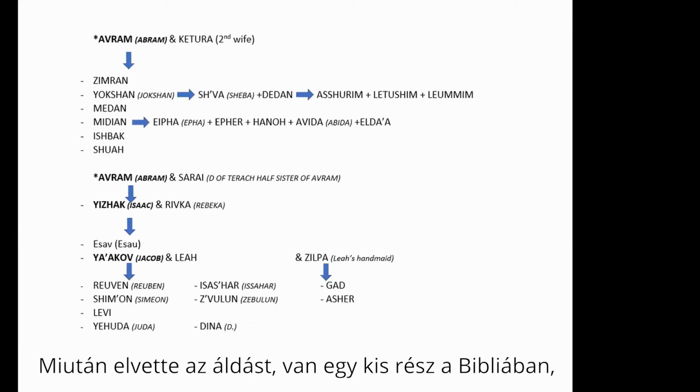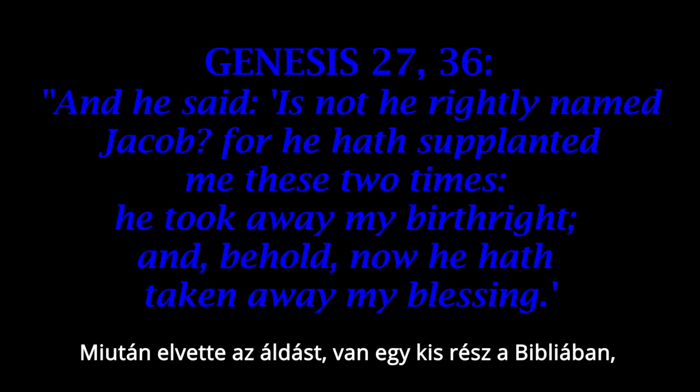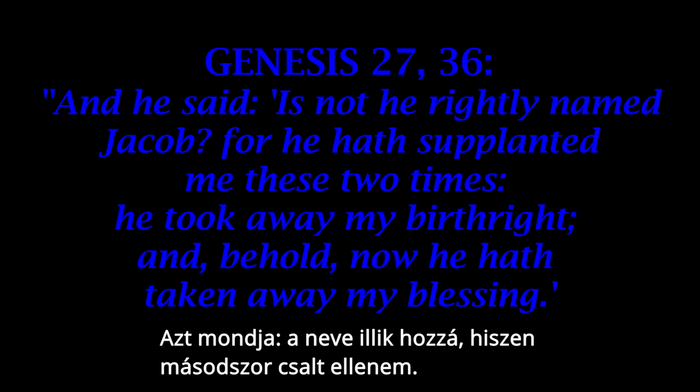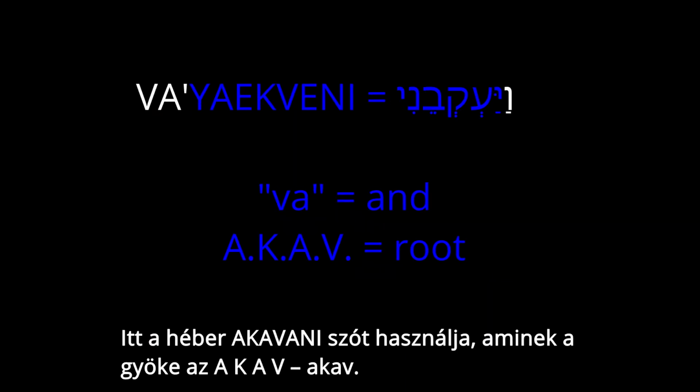Now, after he gets the blessing, there is a very small part in the Bible that talks about Esav and how he's upset that Jacob, his brother, cheated him the second time. And he says his name truly suits him, because he has cheated me a second time. But in Hebrew, the word that he uses is akavani.